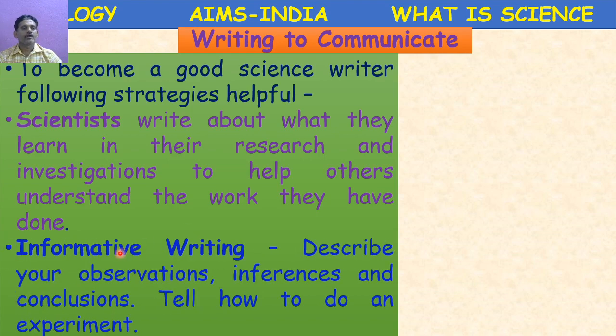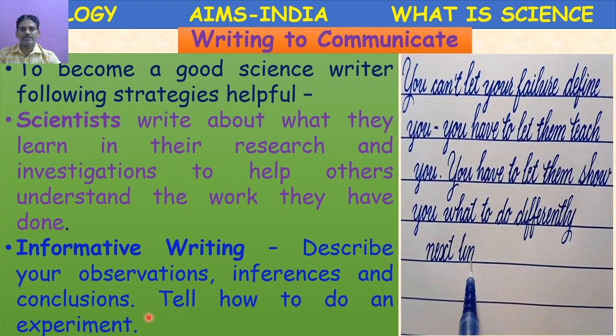First, informative writing. In informative writing, you need to describe your observations, inferences, and conclusions. Tell how to do an experiment. It must be very clear. How to do an experiment, you need to clearly mention.